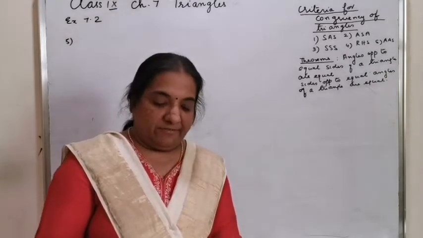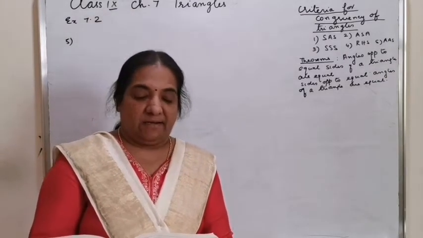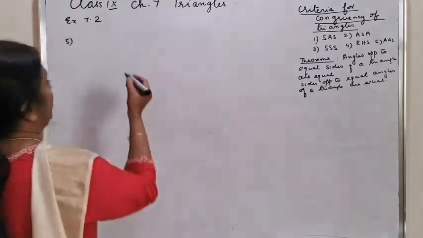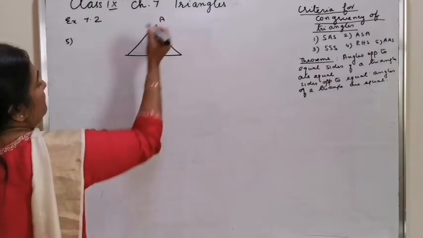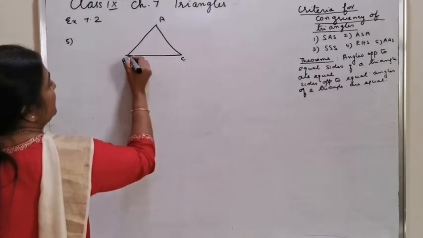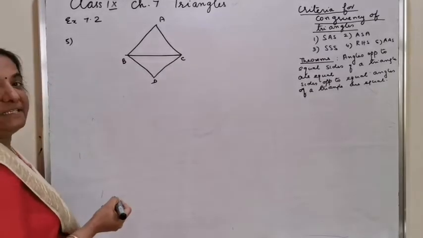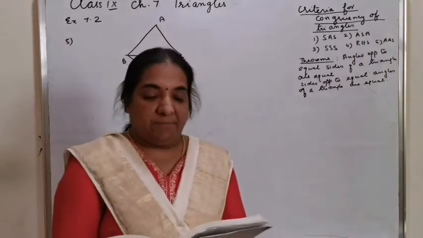Question number 5. Triangle ABC and triangle DBC are two isosceles triangles on the same base BC. Triangle ABC and triangle BDC or DBC are two isosceles triangles on the same base BC.